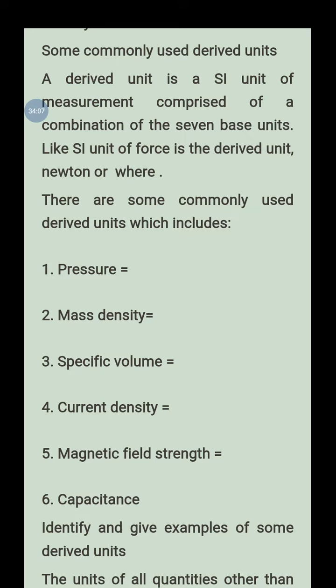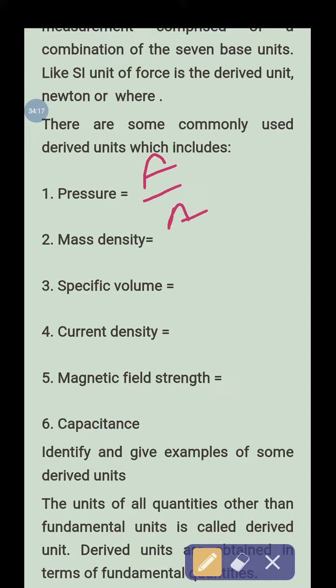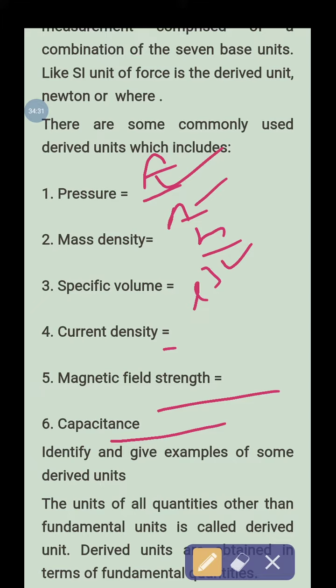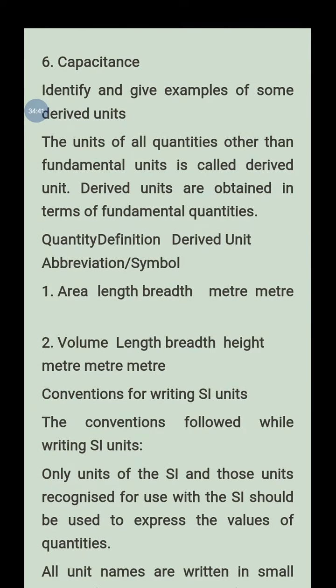Some commonly used derived units include pressure, F/A, mass density, M/V, specific volume, magnetic field strength, capacitance, and all that. All other units that depend upon different units, not free from others, are known as derived units. Many units are there. The units of all quantities other than the fundamental units are called derived units.